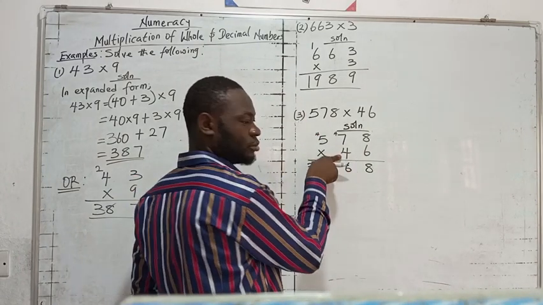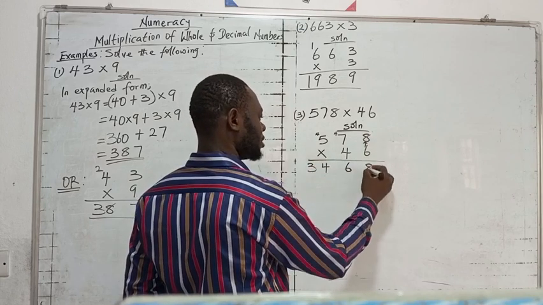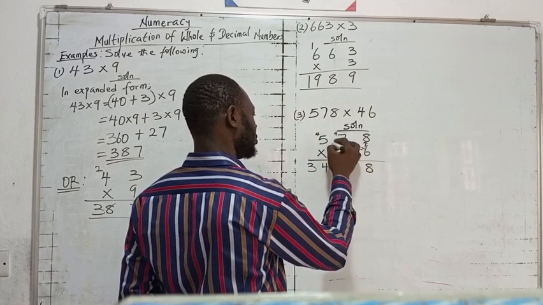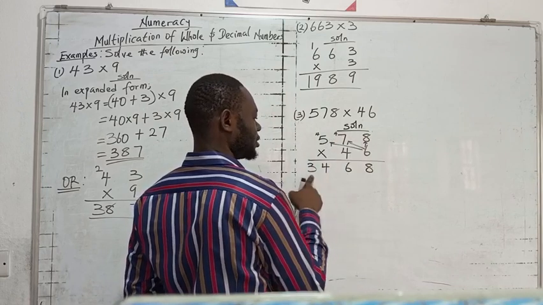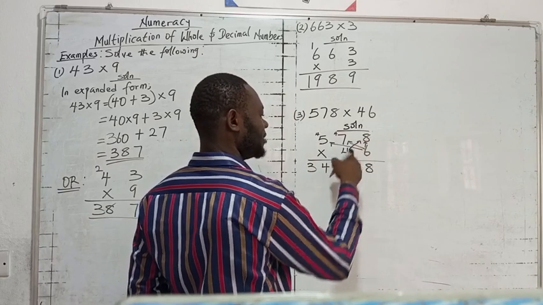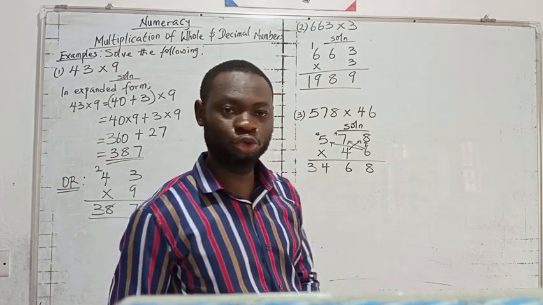Let's go. We now come to this part. So in this multiplication, we multiply this and write our answer. Then comes this. We will now have 4 times 8. 4 times 8 is what? 32.